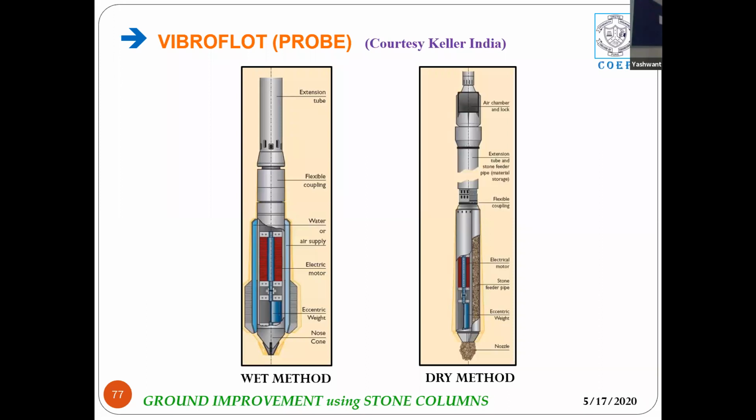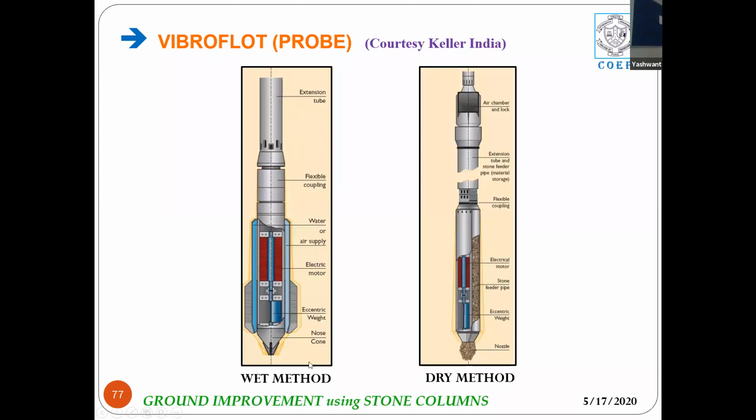Because of this eccentric weight, lateral vibrations are imparted to the surrounding soil, and a bigger diameter hole is provided. In the wet method, we make use of a water jet under pressure to drill the hole, whereas in the dry method, compressed air is used. At the tip, you can see the aggregates coming out in the dry method.